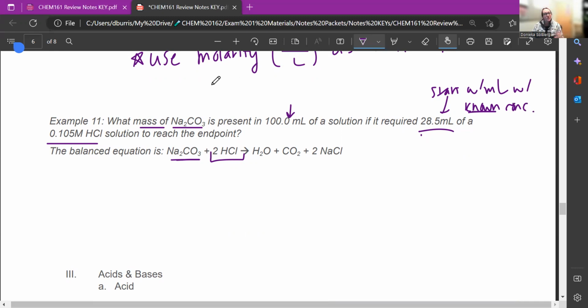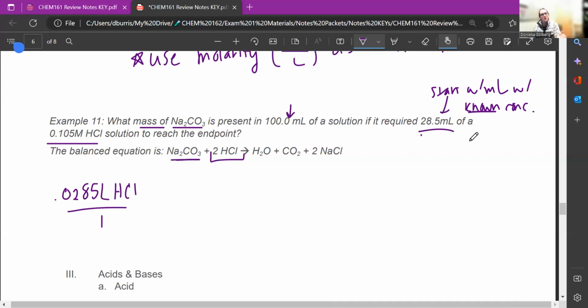Because if you know the concentration, you can figure out the moles, and then you can use the mole ratio and so on. So I'm going to start with 28.5 milliliters. I'm going to put that into liters because molarity is moles per liter. So 0.0285 liters of HCl over 1.